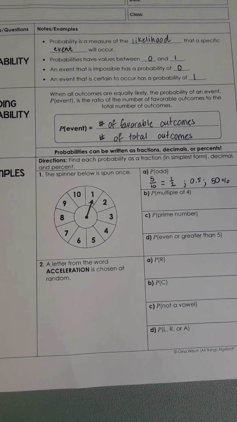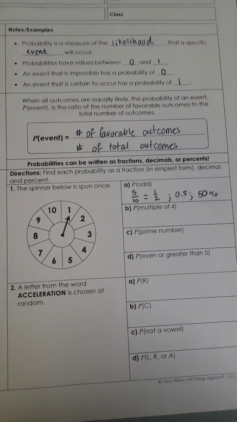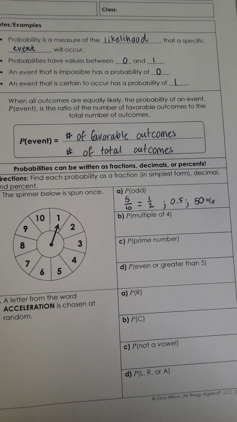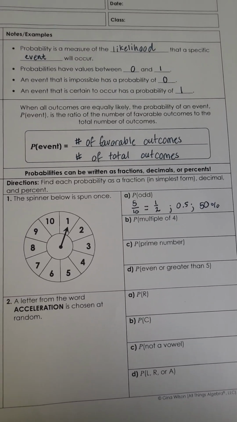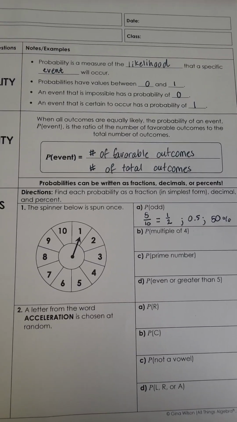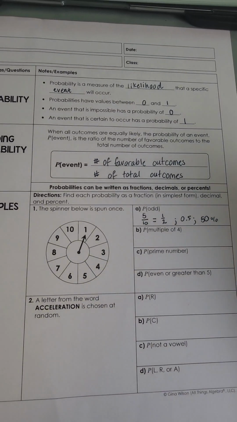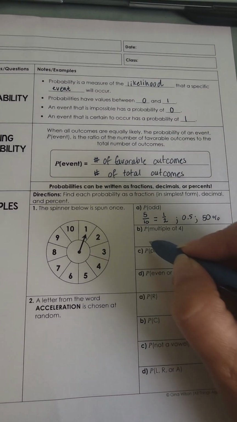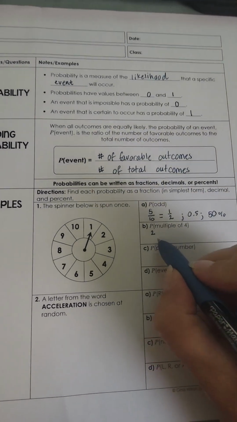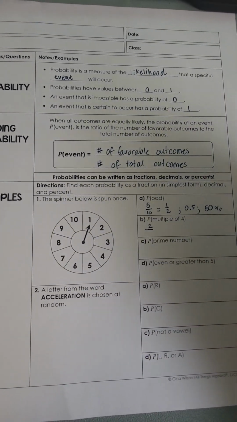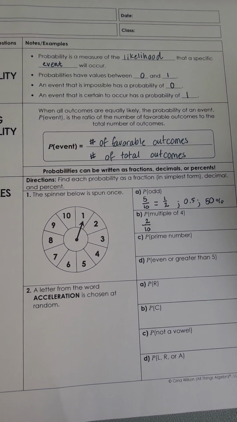Let's look at our next example. What's my probability that I get a multiple of 4? Well, how many multiples of 4 are on this spinner? I have 4 and 8. Those are my only multiples of 4. So I have only 2 favorable outcomes, but I still have the possibility to land on 10 different sections.